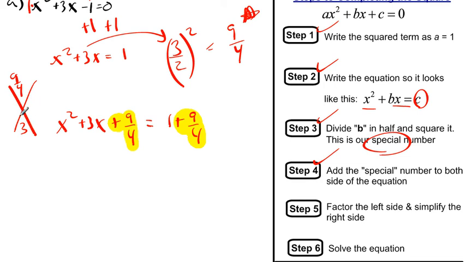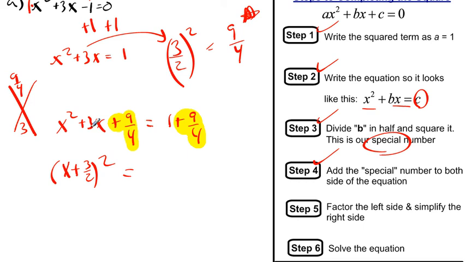It may take you a while to find those, but the shortcut is I just take this middle number and divide it by 2. So it's x plus 3/2 squared. It will always factor like this: x plus something squared or x minus something squared. And that something can always be generated by looking at your b term, our middle term, and dividing that by 2.